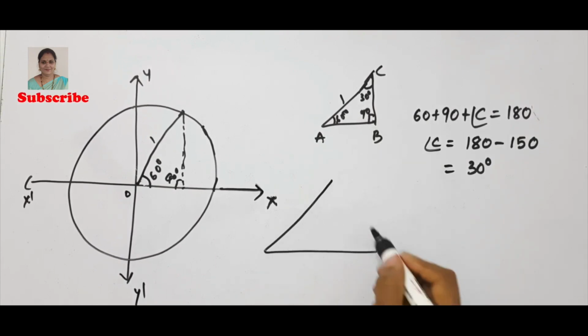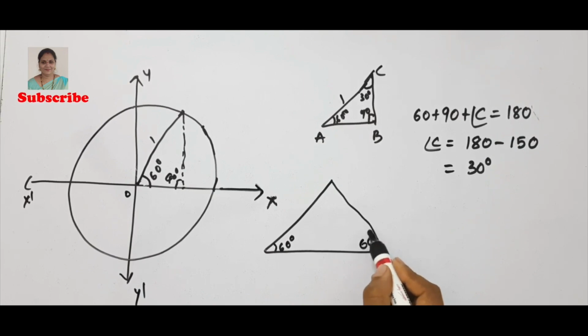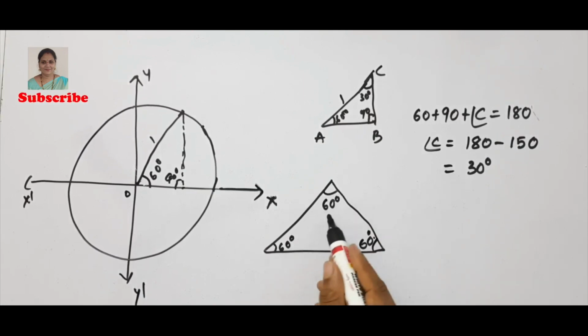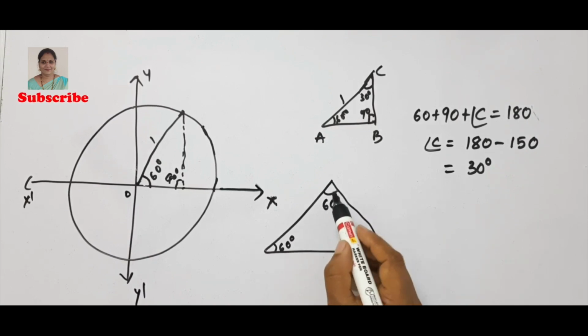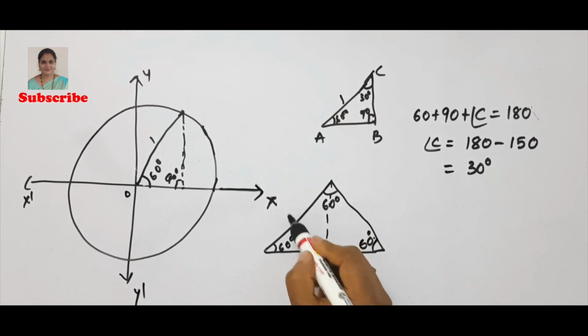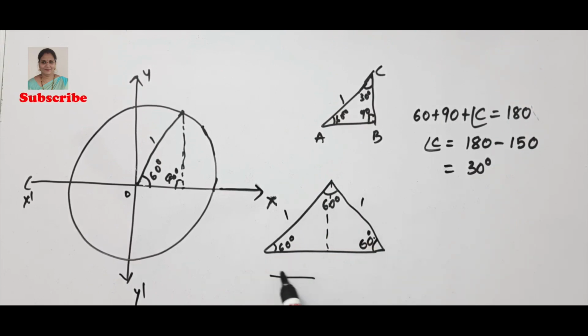For an equilateral triangle, all the angles will be 60 degrees, and the length of all the sides is 1.